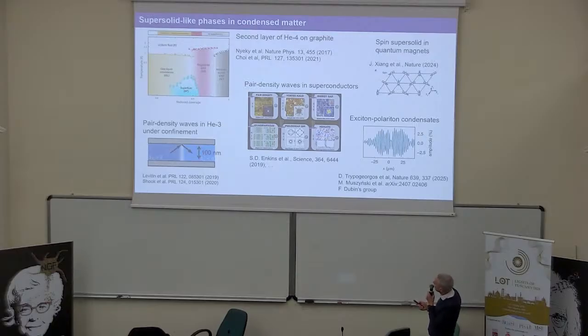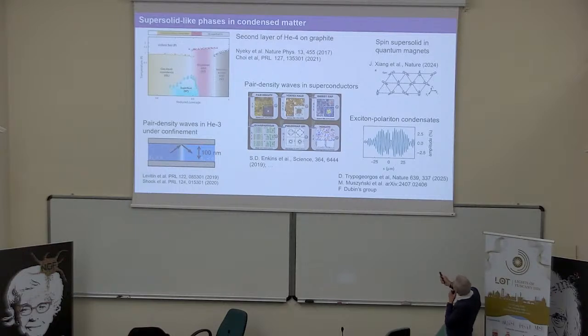Essentially here, there is a collection of all the known superfluids. Here there is helium-4, this is a layer of helium-4. This is helium-3, which is also superfluid. There are superconductors, you know, a superfluid of Cooper pairs of electrons.